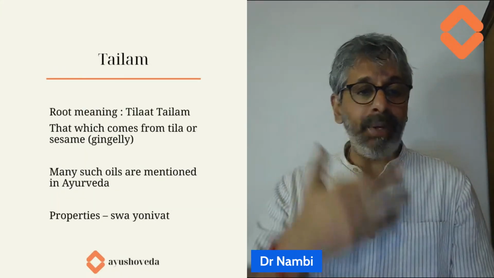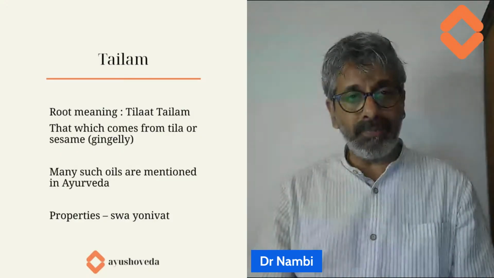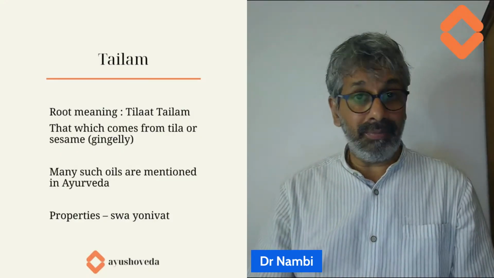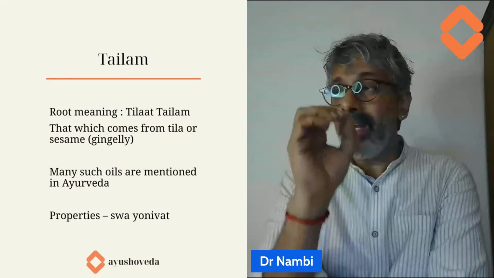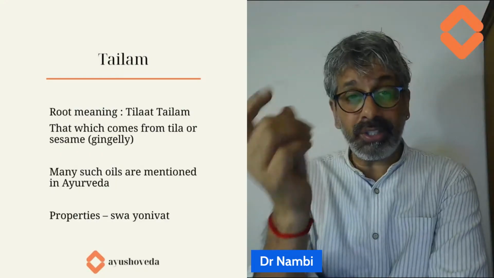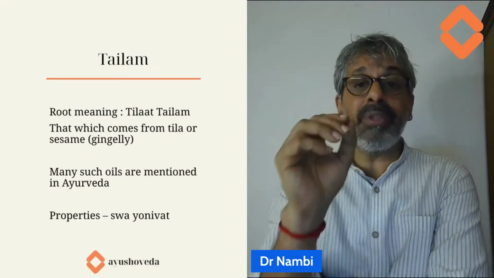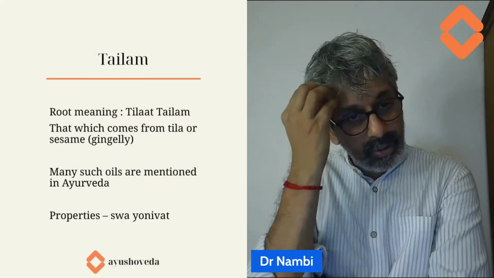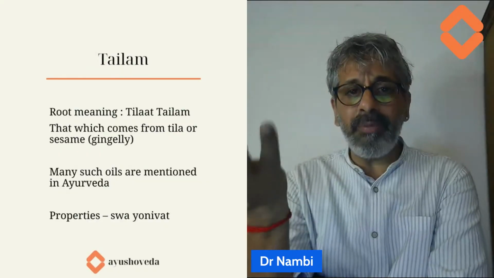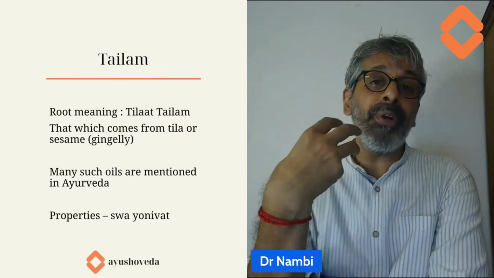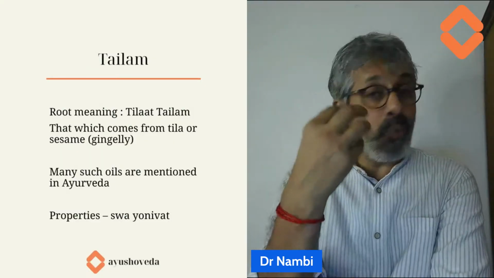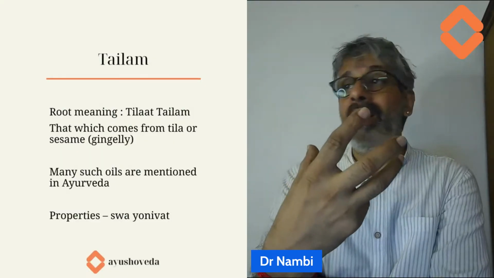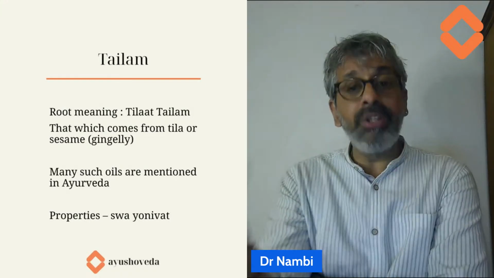The root meaning: when you look at tailam, tilat tailam, that's the word meaning. Tailam actually refers to sesame oil. That which comes from tila, or sesame, is called tailam. Many other oils have been mentioned in Ayurveda, and the properties of each oil are swa yoniva, meaning from whichever origin it comes from.